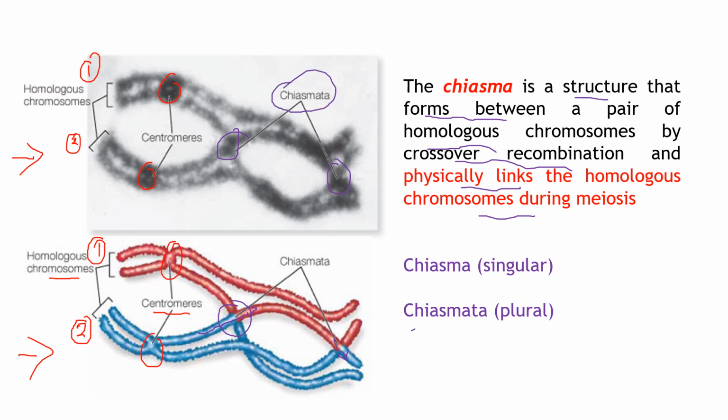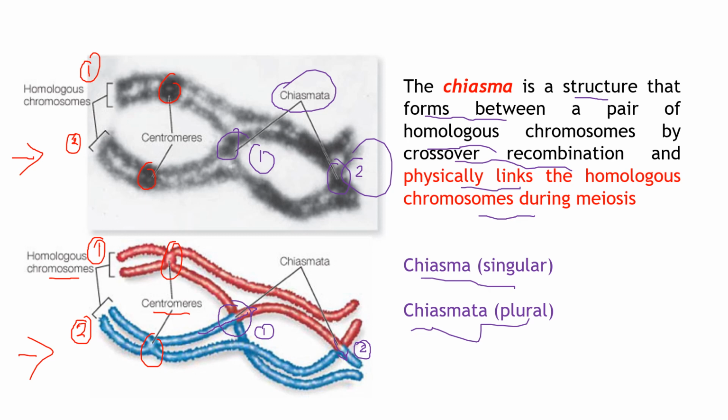Chiasmata is the plural, because you have one here and two here, and in the diagram you see one here and two here, so you call this chiasmata, and the singular is chiasma. Very important: it's a physical structure that forms as a result of the process of crossover.